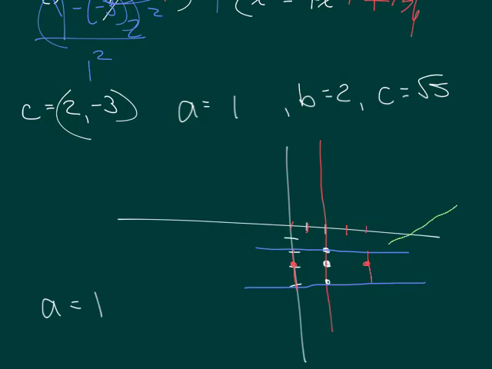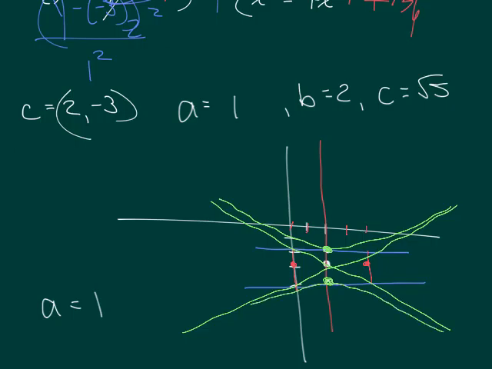There's going to be a line that goes through here, and a line that goes through here. And this is my vertex, and this is my vertex. So I can draw my hyperbola like that, and my other hyperbola like that. And just as easy as can be, I have my hyperbola drawn. Alright, so that is the end of section 6.3.